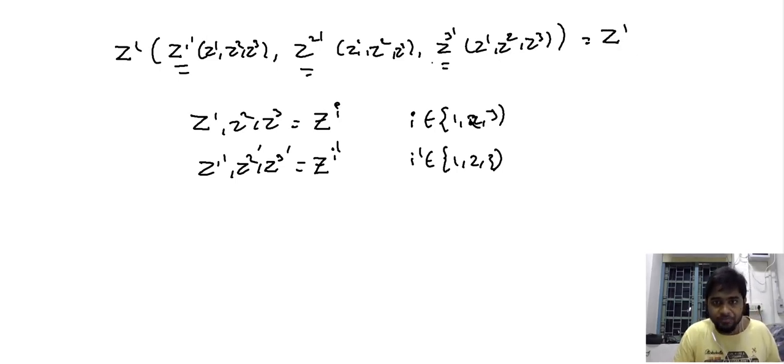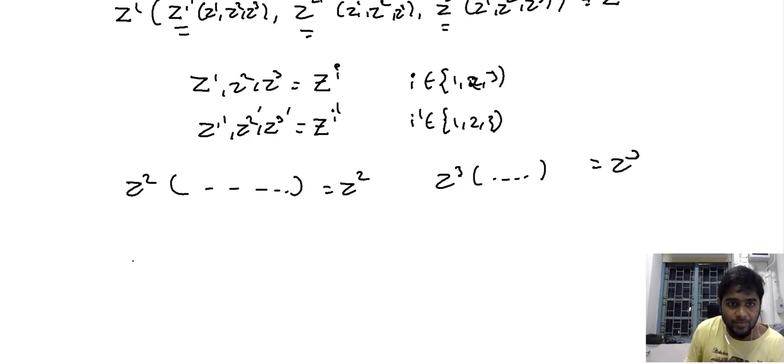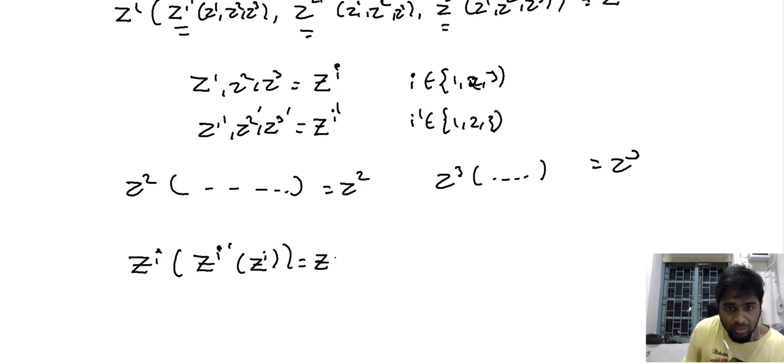Along with z2 as a function that will recover z2, and z3 as a function that will recover z3, this can be expressed as zi as a function of zi prime, which is subsequently a function of zi, and this will lead me to the zi independent variable.